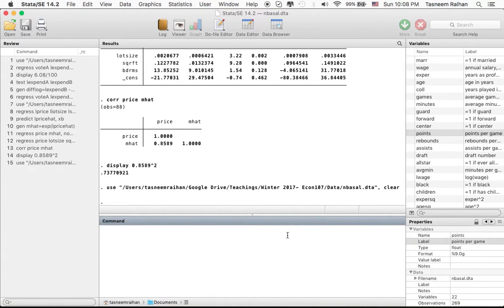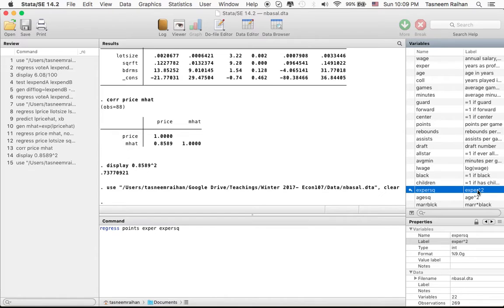Okay, so we are asked to run a regression of the form: regress points on experience, a quadratic form of the experience as mentioned in the question. So expersq, it's already given here, the square of experience. Very good.